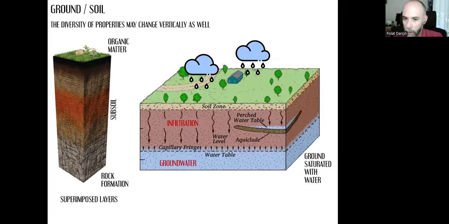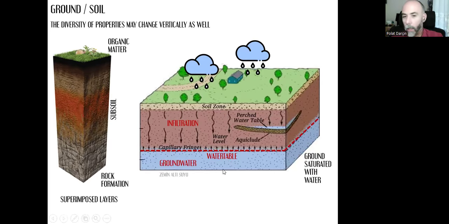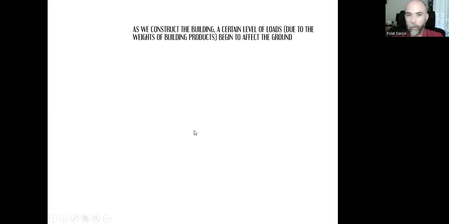That's what we call the groundwater, zeminaltı suyu, and that level is the water table. It's defined as the water table. However, even if there is no water in its liquid state, there is always humidity in the ground.